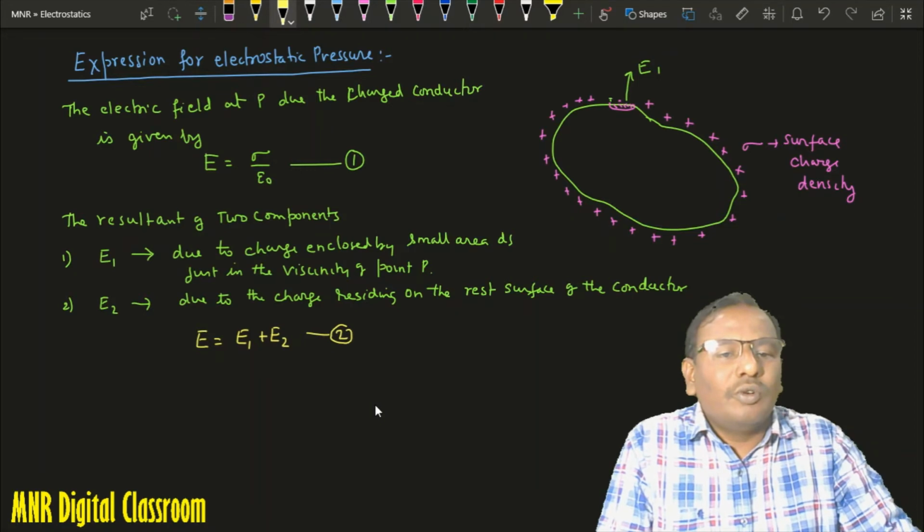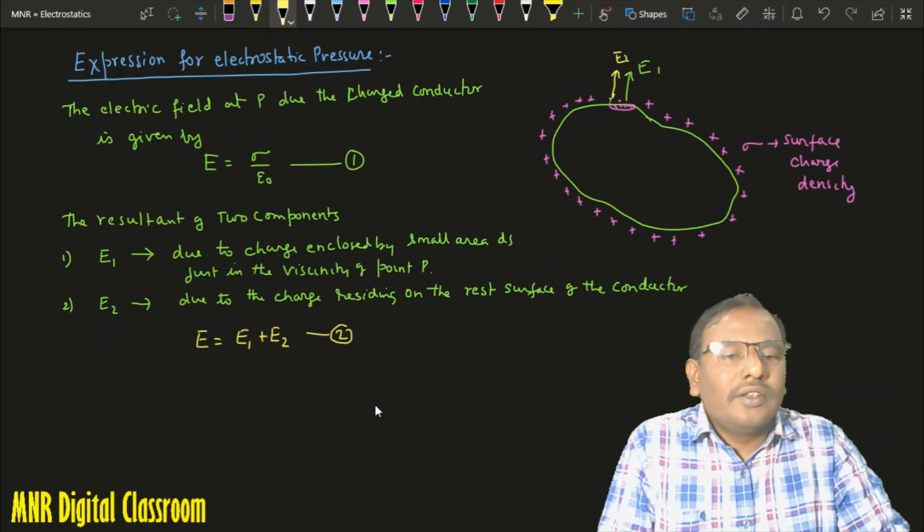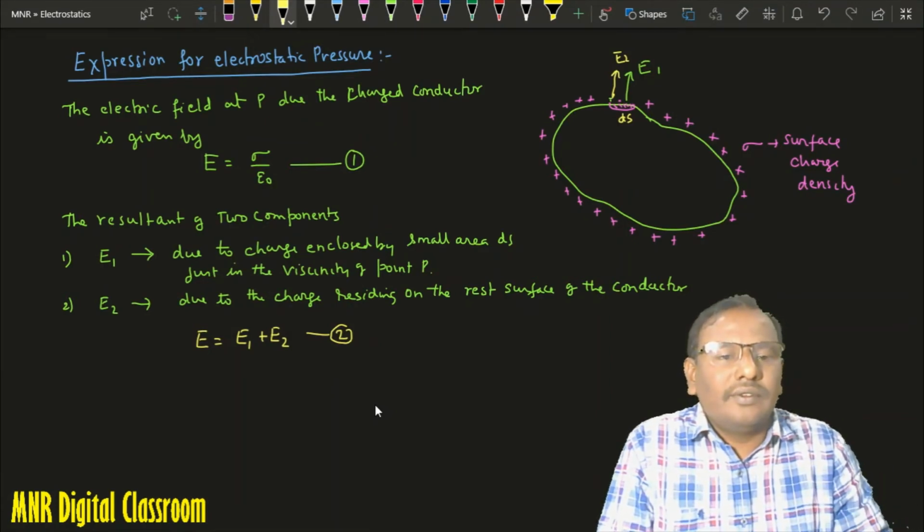Let us mark both the electric fields. E1 is due to the charge on the small elemental area ds, and E2 is the field due to the charge residing on the remaining part of the surface.